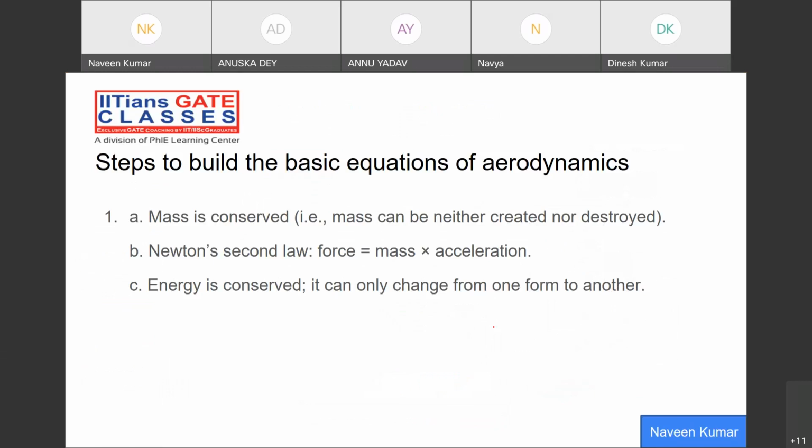Okay. So these are the conservation equations. So how are you going to build your basic equations? First, determine a suitable model for the fluid. You know it. I have shown you 4 models, right? So according to your problem, first of all, set your model. Like this is the model, and I'm going to apply all the basic fundamental equations on this model.